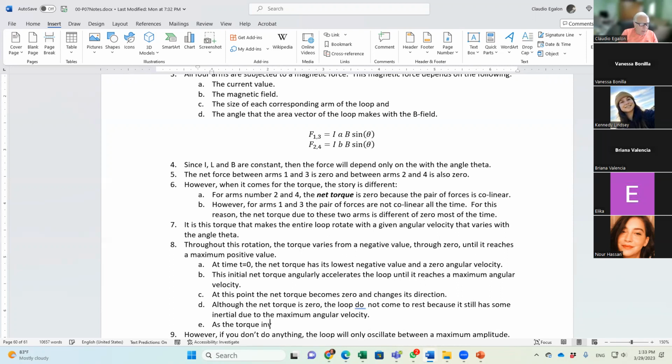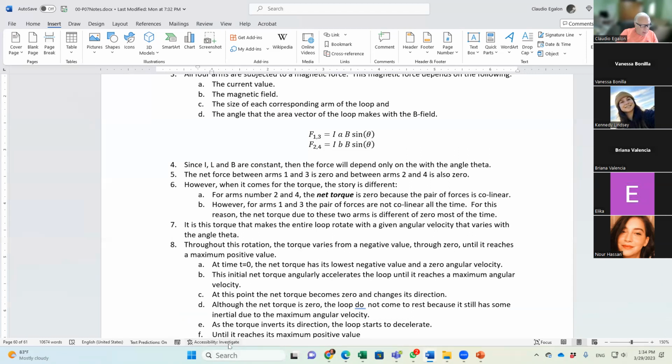As the torque inverts its direction, the loop starts to decelerate.